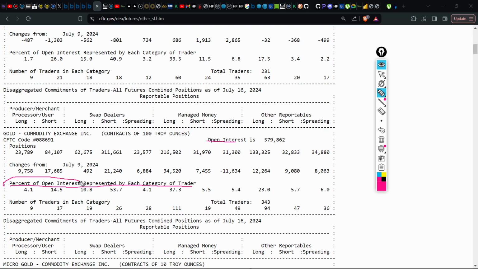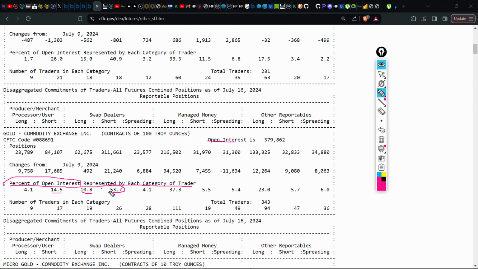This is now what's going to tell you who has the biggest share in the gold futures market, because whoever has the biggest share is the one who's going to influence the direction of price action of that futures contract. And here we can see 4.1, 14.5, 10.8, 53.7.